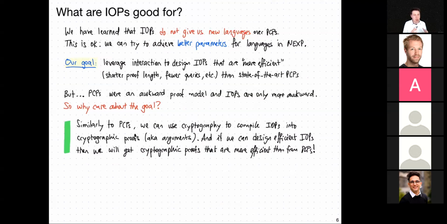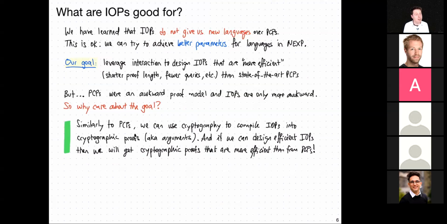We're just gonna change the stepping stone and give ourselves more design room to use interaction more, okay? And then we'll push the rest on the cryptography, and the cryptography will be tasked with implementing the IOP model in the real world, okay? This interaction and query access.